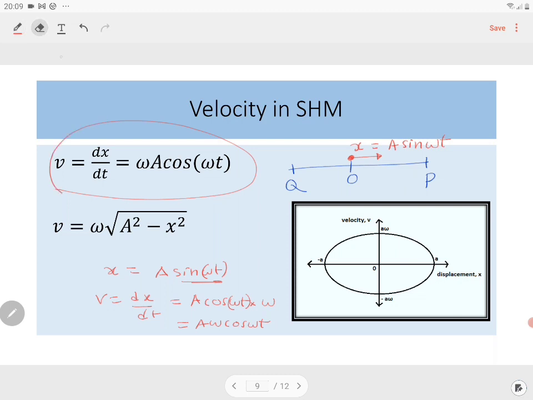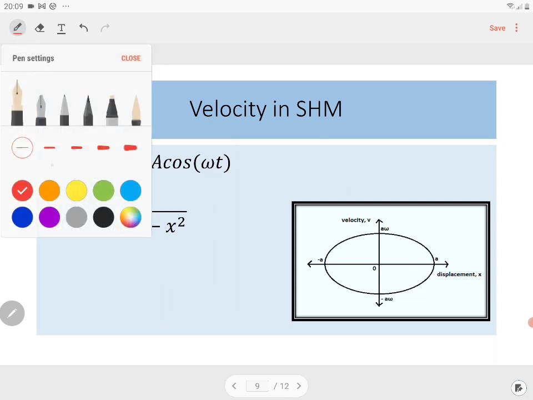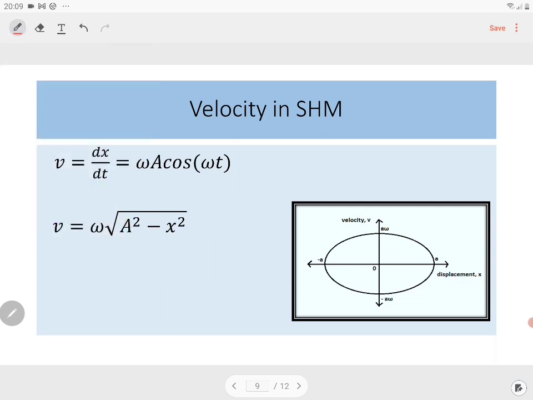Now, suppose you want to express this velocity as a function of x, then how do you get that? This is how we are going to get velocity as a function of x: v is equal to omega root over a square minus x square. How did we get that? See children, here in place of cos omega t, we can substitute.